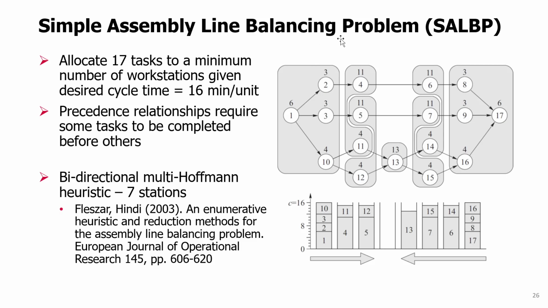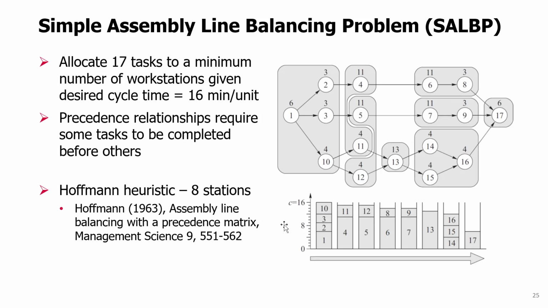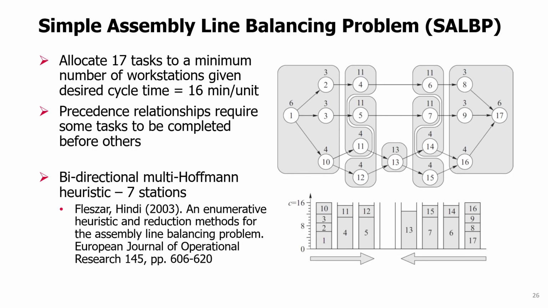So you see for this example, the solution is actually 3 stations forward, 4 stations backward, and the total stations utilized are now 7 compared to the earlier solution, which was created in one direction and had 8 stations utilized. So of course we can now save because we need one less worker, for example, to produce this.